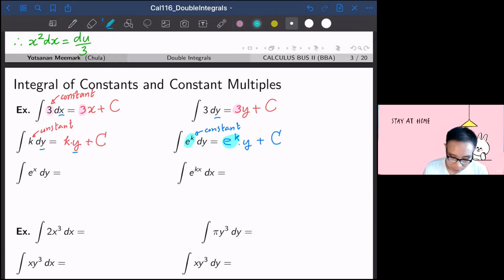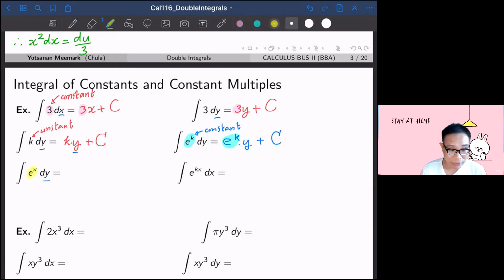For the next one, you see it looks abnormal, right? It looks abnormal because it's x and y in the same integral. However, you have to hold on to the variable a little bit. This one is dy, so the variable is y, and you see e to the x here.